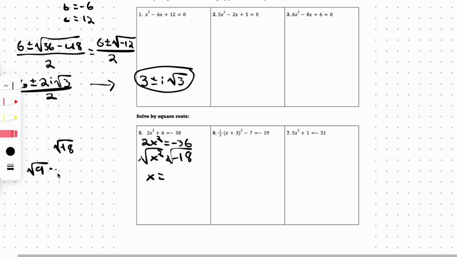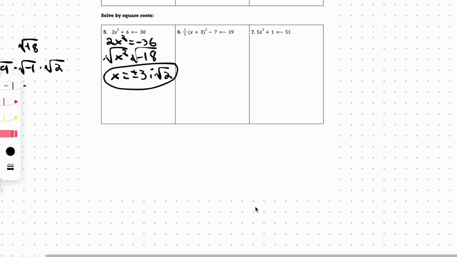We also have that root negative 1. And 9 times what equals 18? 2. So I'm going to say plus or minus, because the square root of 9 is plus or minus. So plus or minus 3i from that root negative 1, root 2. Great.